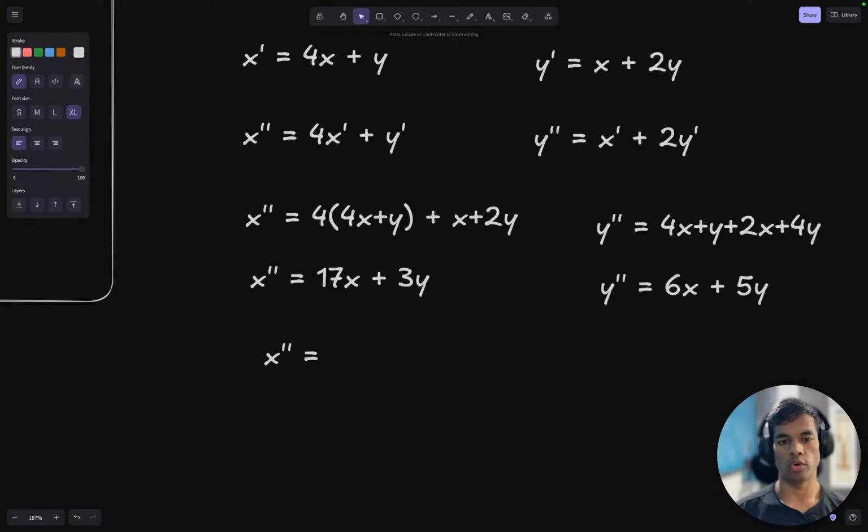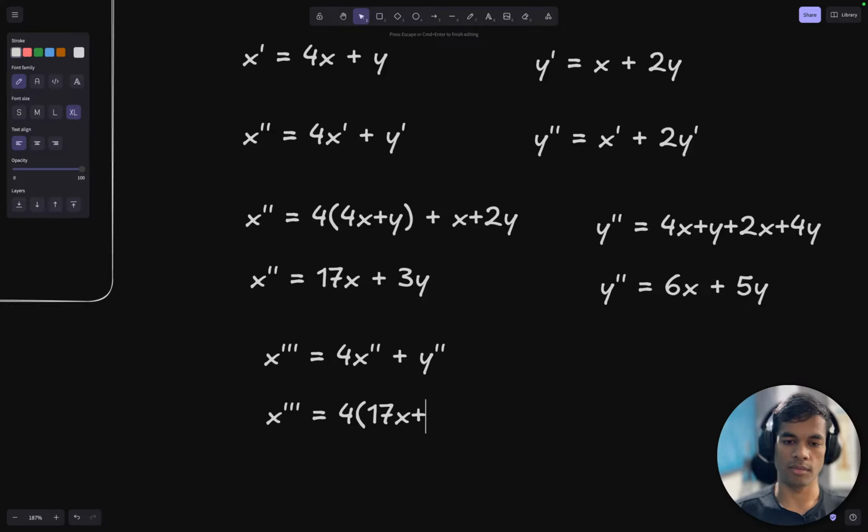x triple dash equals 4x double dash plus y double dash. And yeah, let's go with that first. 4 into 17x, it is being multiplied by 4. 4 into 17x plus 3y from here.